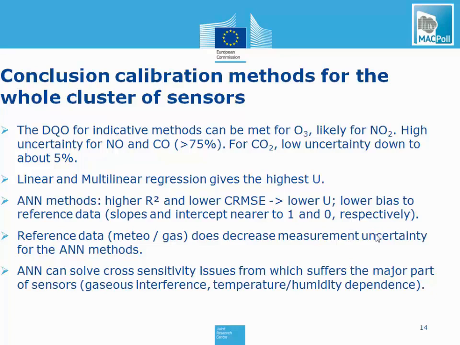When we use reference data, we have seen sometimes a decrease of the measurement uncertainty, mainly a decrease of those uncertainties. And finally, we have seen that even if we are not using reference data, such as temperature, humidity, or other gaseous species, we can solve the cross-sensitivity of each sensor using only post-computation, post-treatment of the data.